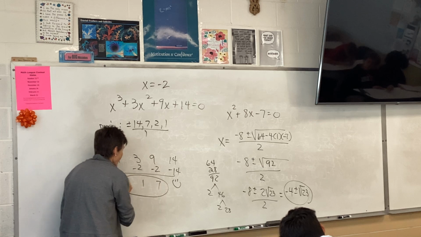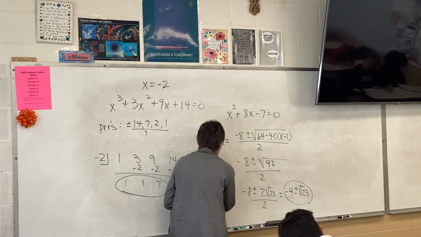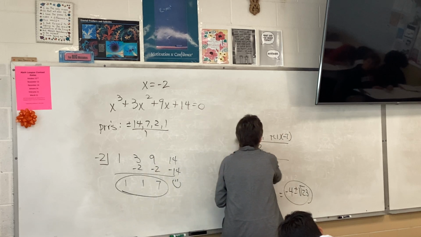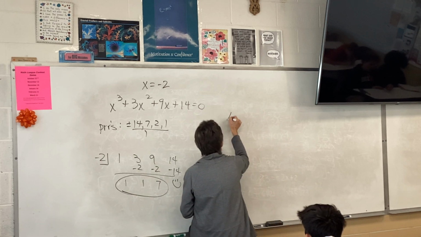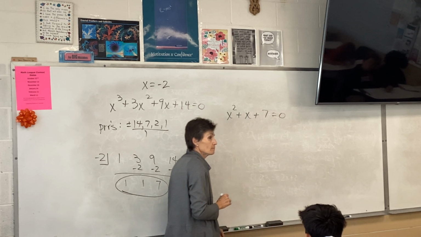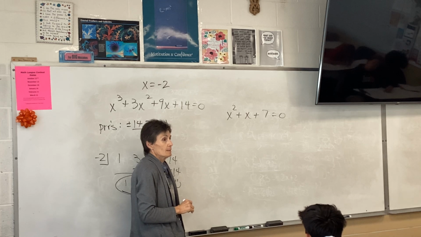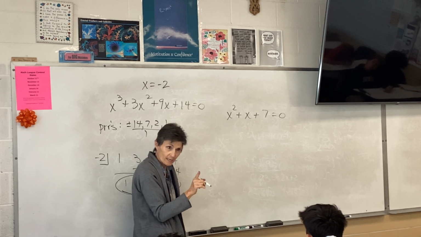Then I'm gonna look right here, and I'm gonna see that I have a little quadratic. X squared plus x plus 7. Does that factor? No. So guess what we're gonna do again?